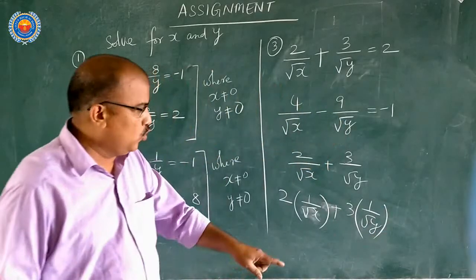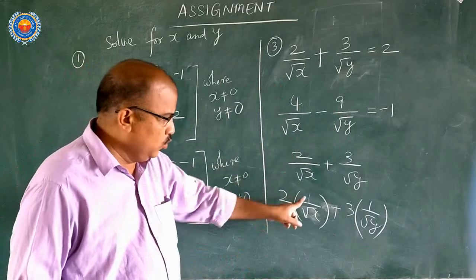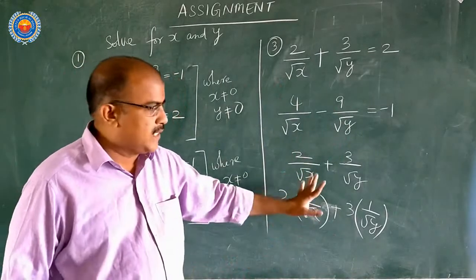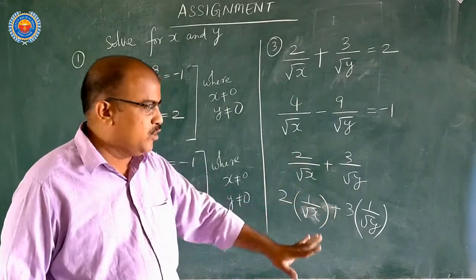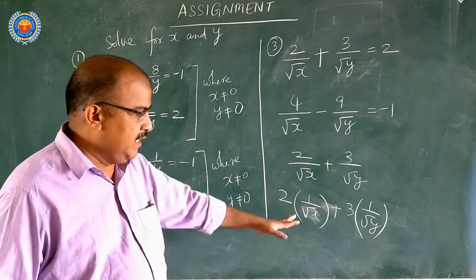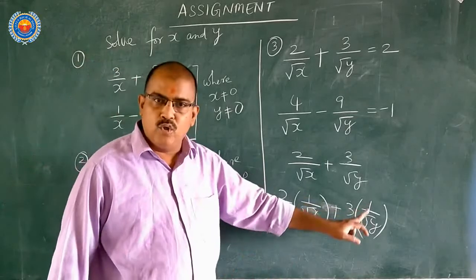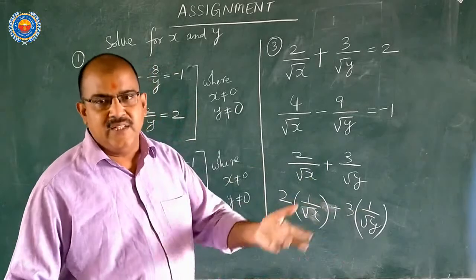Because of root x and root y you may get confused, but you can do it easily. Put 1 by root x is equal to p and 1 by root y is equal to q, so that you will get the answer.